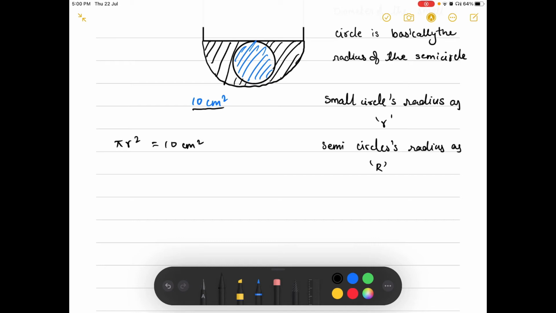So over here we can take what r is. Basically it is the square root of 10 by pi. Okay, so this is r.